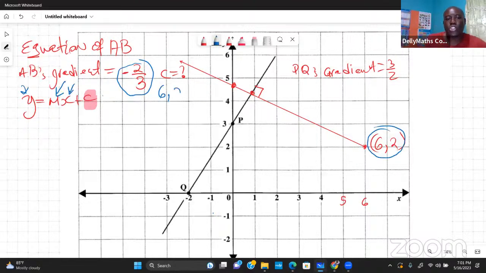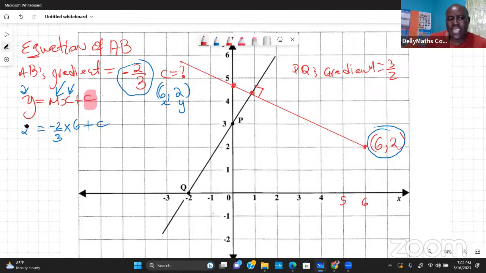This is 6, 2. So that line AB passes through 6, 2, where 6 is x and the 2 is y. I am now able to substitute a point and the gradient to get C. Let's go. Y is 2, so 2 is equal to m, negative 2/3, the new gradient, the new line we're focusing on, times 6 plus c.